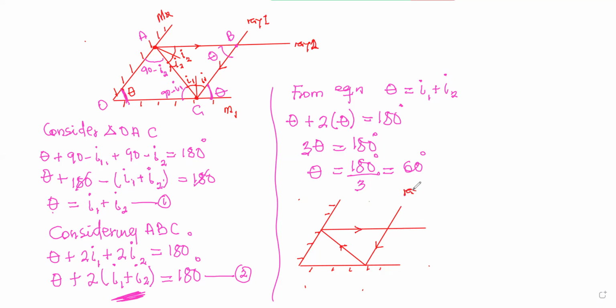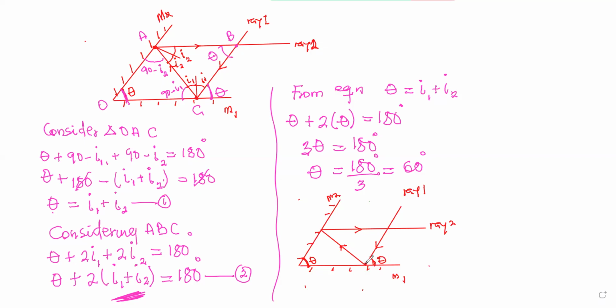Ray 1, ray 2. Now, this is theta. Mirror 2 is parallel to ray 1. When two lines are parallel, they have the same slope. So if M2 is parallel to ray 1, then this angle theta between the two mirrors must be equal to what is here.